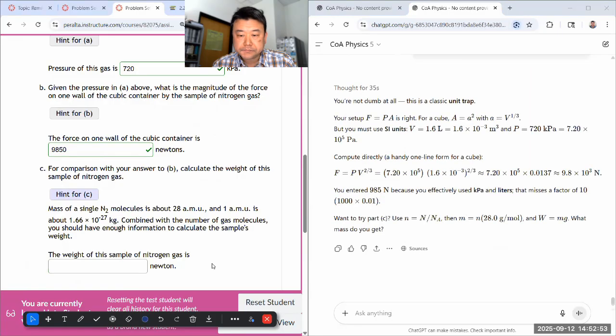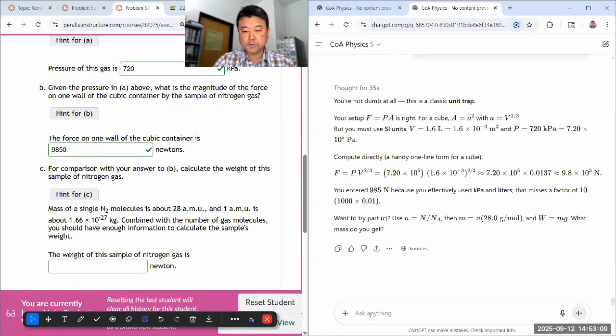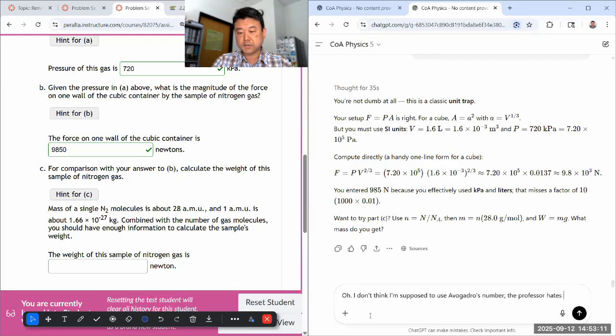So I'll say, oh, I don't think I'm supposed to use Avogadro's number. The professor hates it for some reason. I'll say this as a hint.